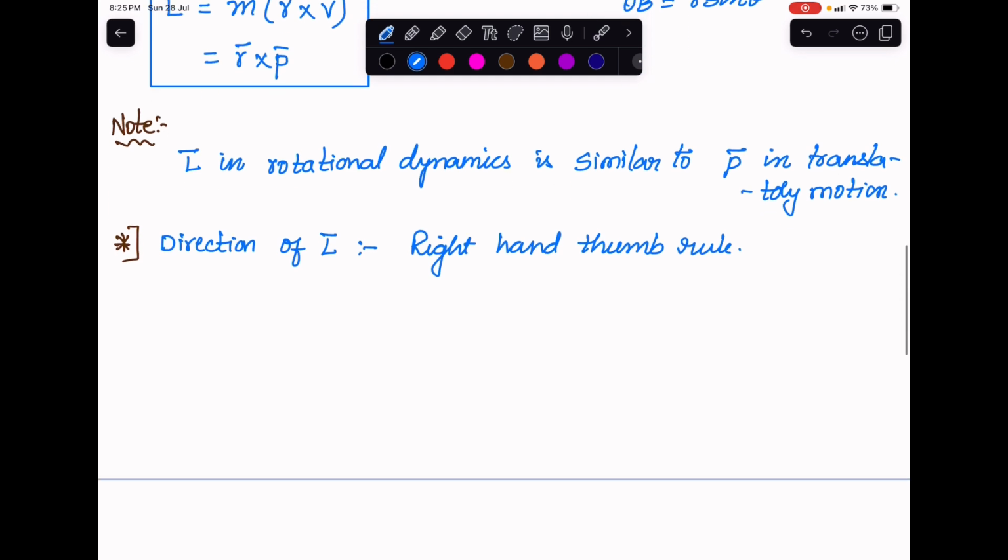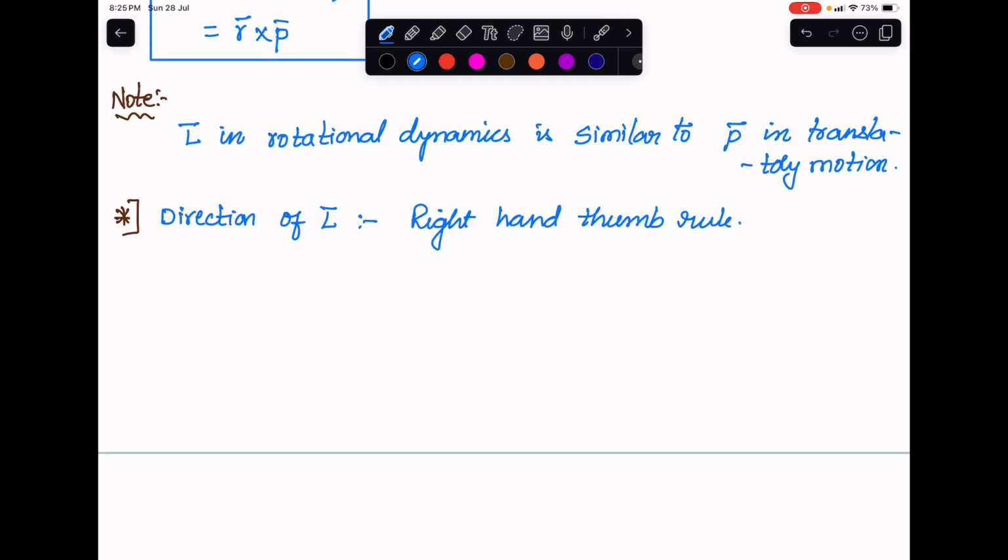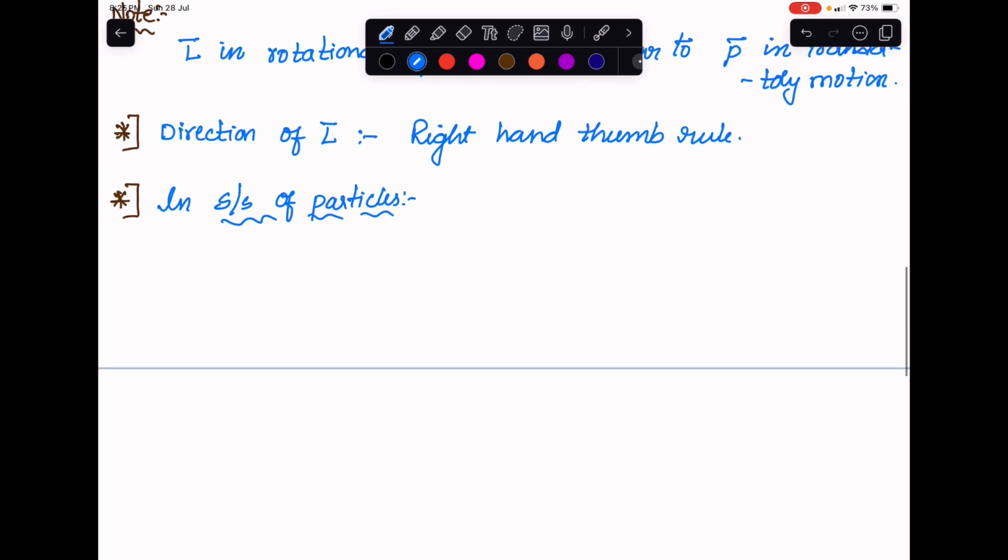Now, I am having a system, and in that system there are n number of particles. For all the particles, if I would like to calculate the angular momentum, how to do it? Then you can directly do a summation.